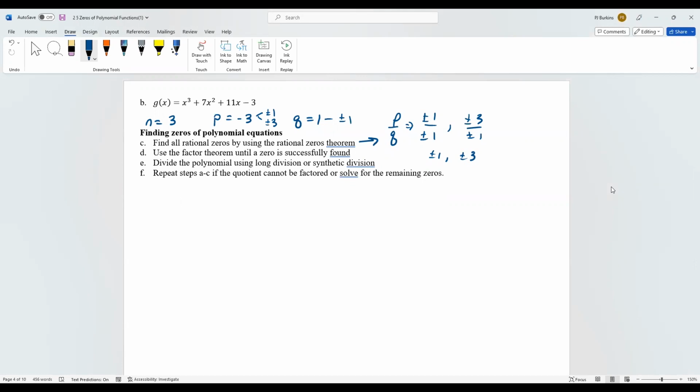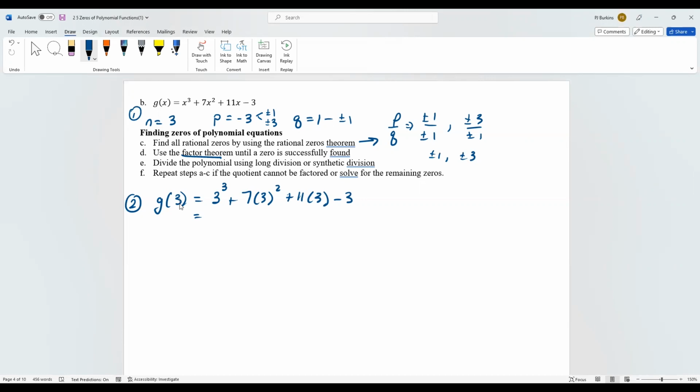So this was part 1. Part 2 says use the factor theorem until a 0 is successfully found. So we need to plug one of the values in. So G of, let's pick 3 this time. So we need 3 cubed plus 7 times 3 squared, 11 times 3 minus 3.